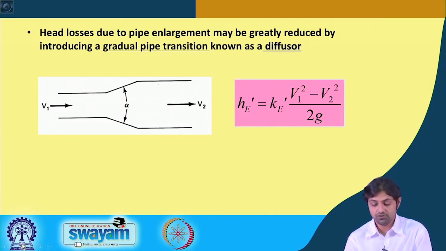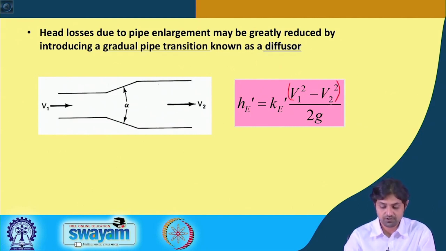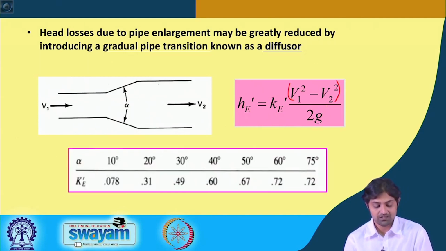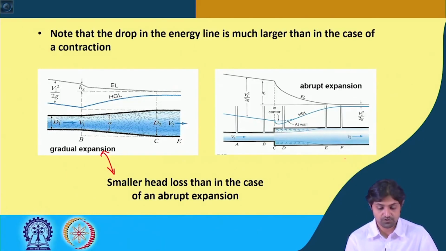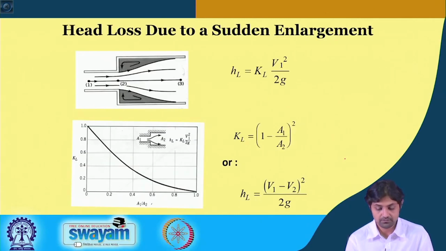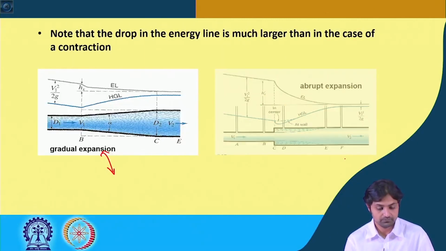In this case also we have a formula for the head loss as Ke dash into V1 square minus V2 square by 2G, and Ke can be taken from this table. You will be provided with those values if some question comes for the gradual pipe transition, gradual contraction or gradual expansion. But you have to remember for scenarios like this.